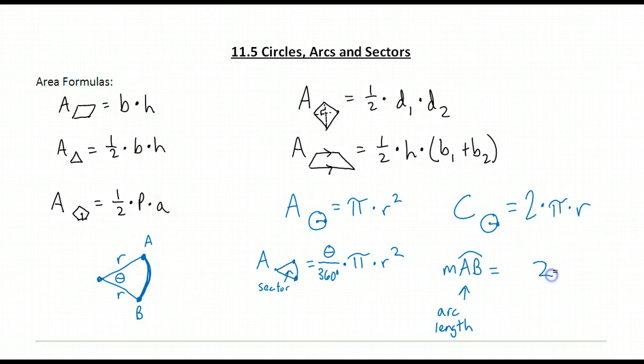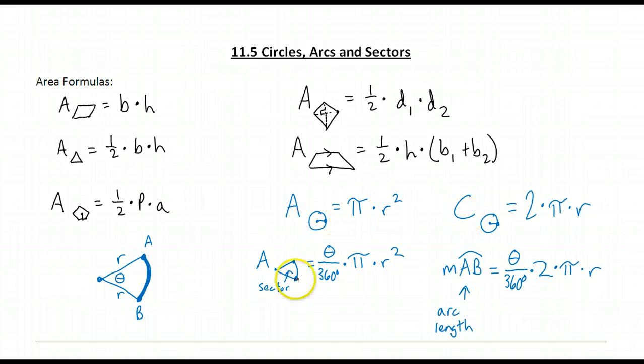I'm going to start with that circumference formula, 2 times pi times r, but I don't need the entire circumference of the circle. I only need this portion. Well, how do I figure out this portion? Again, I'm going to use this angle, theta, out of 360 degrees.